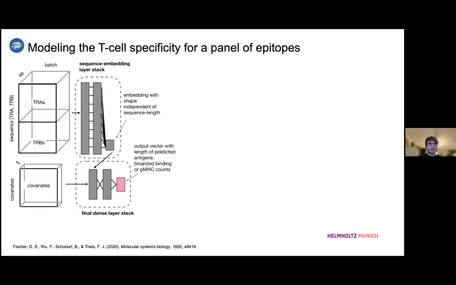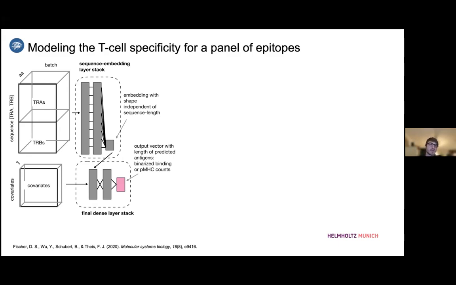And so we approached this through a deep learning architecture here, where we encode the alpha and beta chain through a sequence encoding stack, and then combine the latent representation of these alpha and beta chains together with additional covariates that account for the cell state, but also for certain peculiarities of the single cell experimental protocols, into a normal feed-forward neural network.